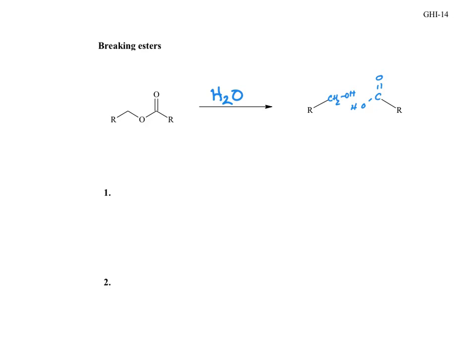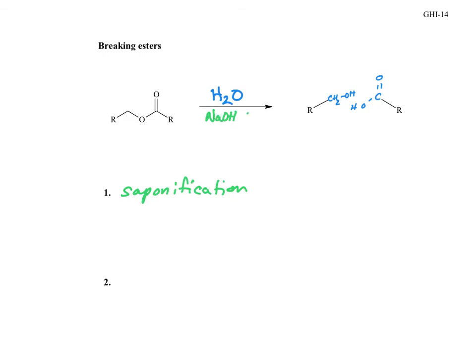How do we do this? There's 2 ways that we can have this done. The first is called saponification. I'm going to put up here under the arrow what saponification requires. I'll do that in the same color.